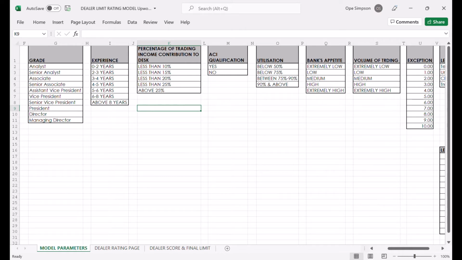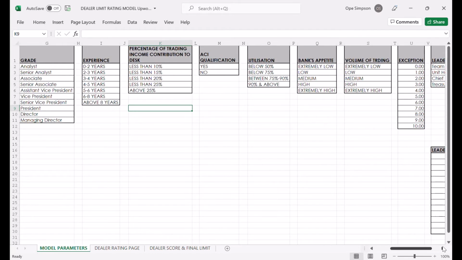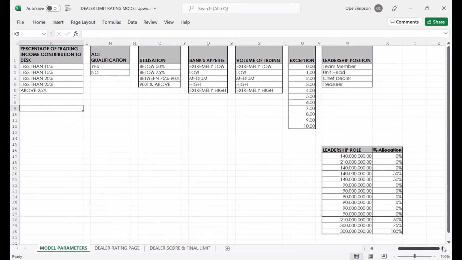Also, we look at past precedents in utilizing limits that dealers have held in the past. Have they utilized a large proportion of what has been allocated to them in the past, or is the limit too large? This is quite important because we do not want to advance a dealing limit to a trader that hasn't utilized most of it before.